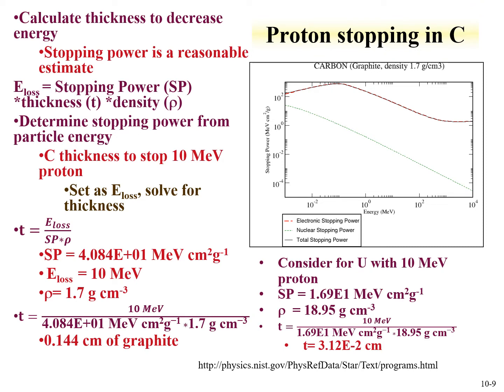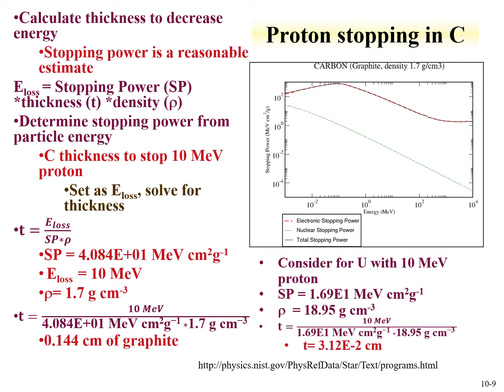So we'll look at the energy loss, which is just the stopping power times the thickness times the density. So we need to determine the stopping power from the particle energy. So what's the carbon thickness to stop a 10 MeV proton?